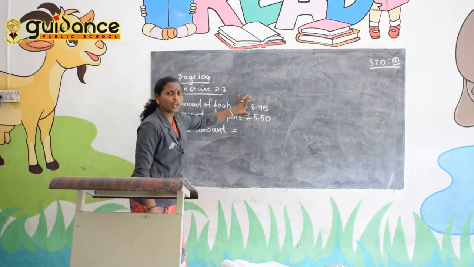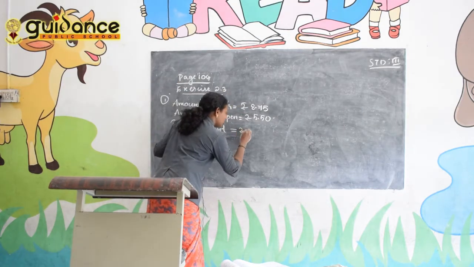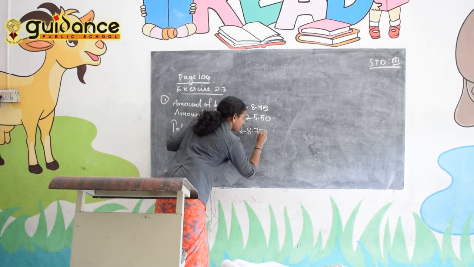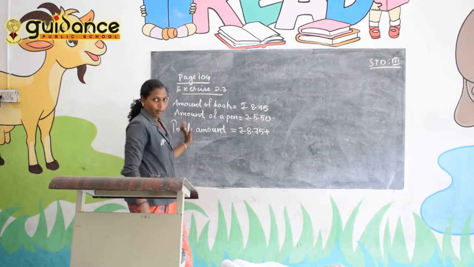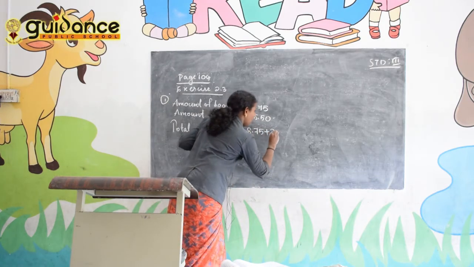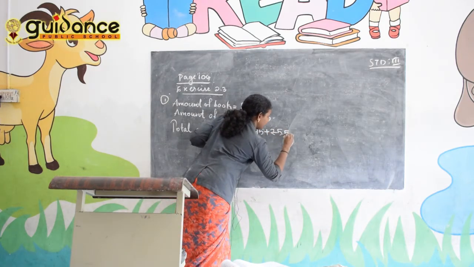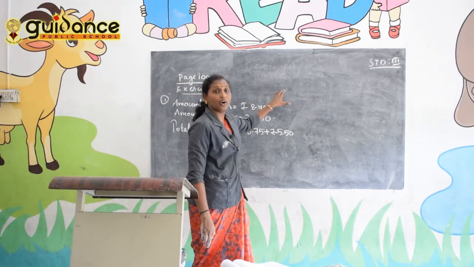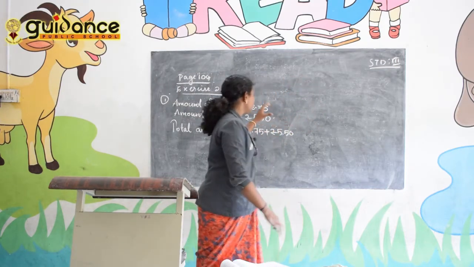What is the amount of a book? Yes, very good. 8 rupees 75 paise plus, what is the amount of a pen? 5 rupees 50 paise.